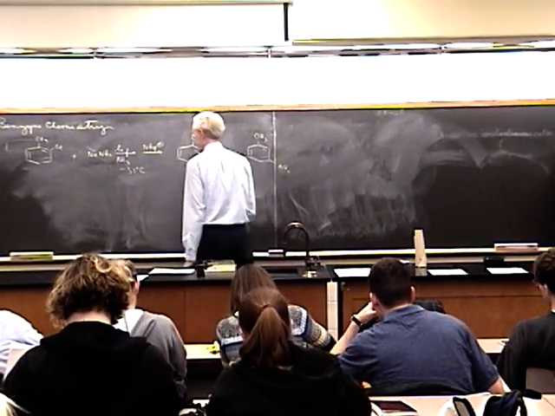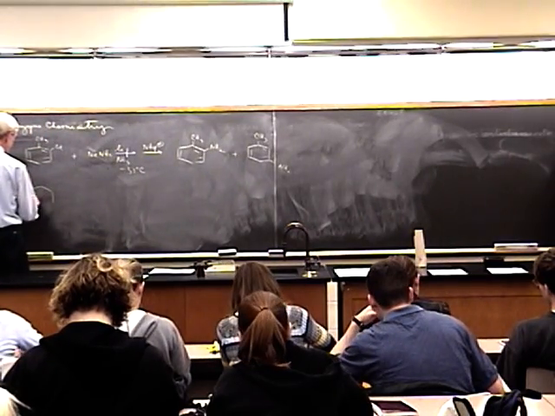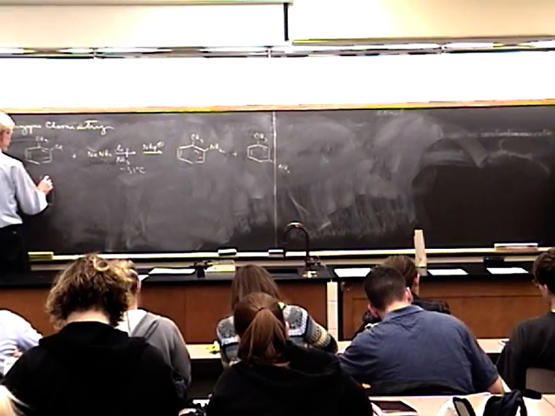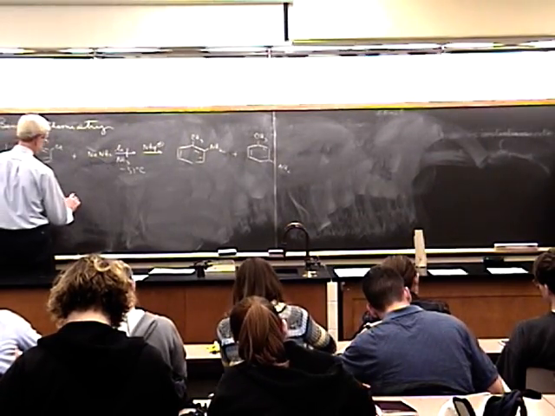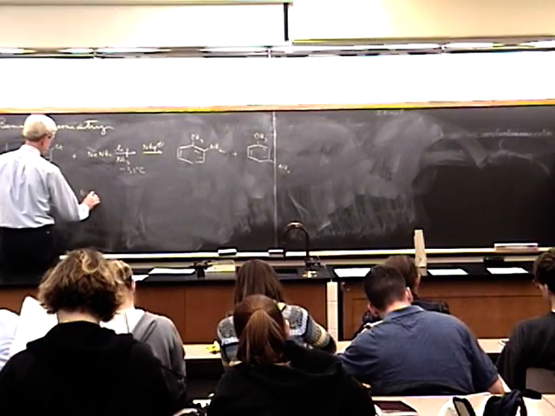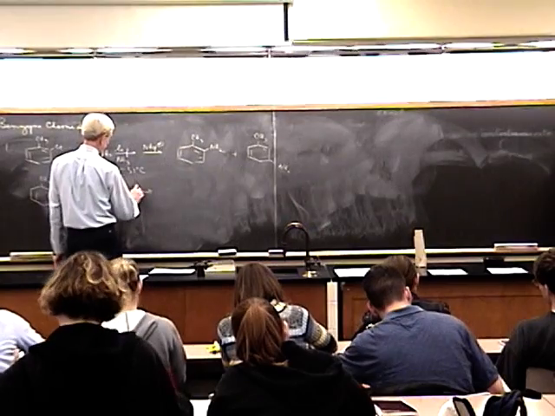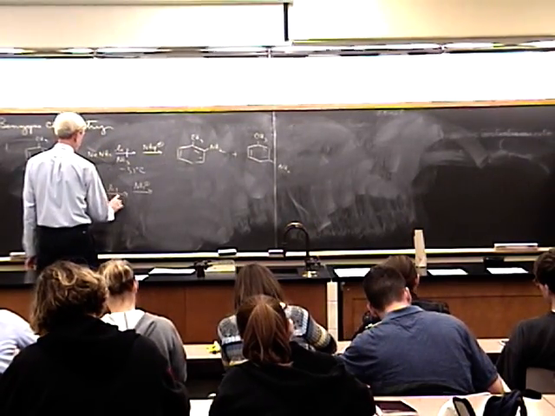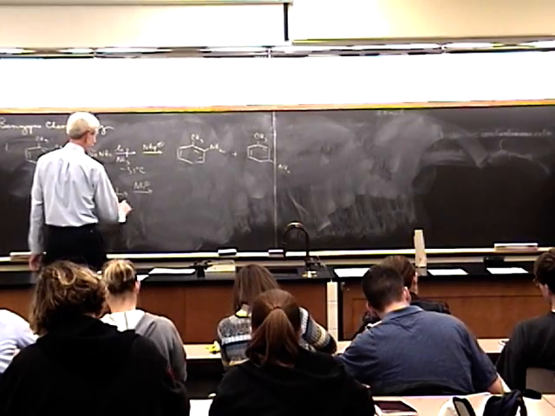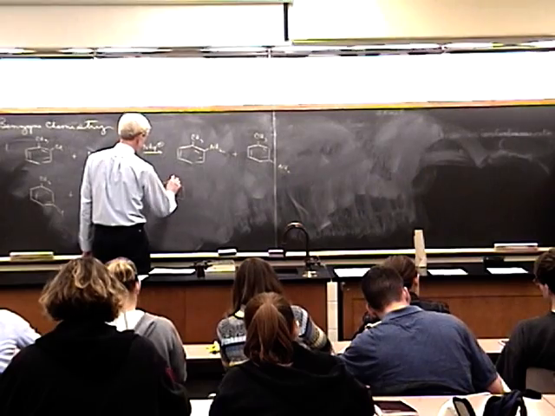Now, if I go through the various isomers here, if I, for example, took meta-chlorotoluene, I'm going to wind up with three isomers, all right?